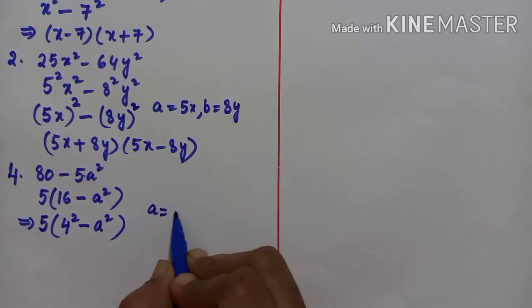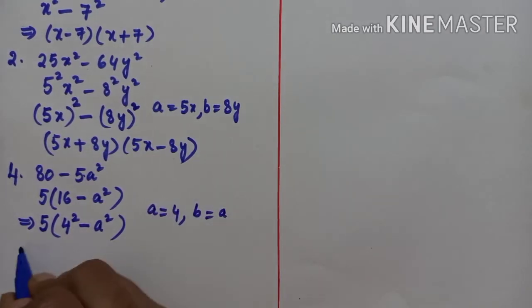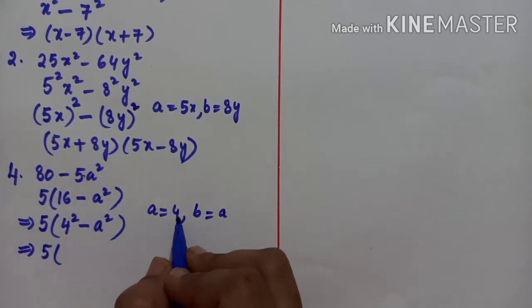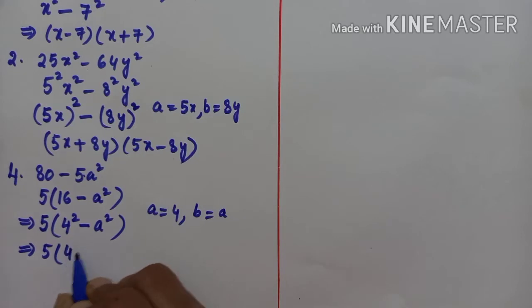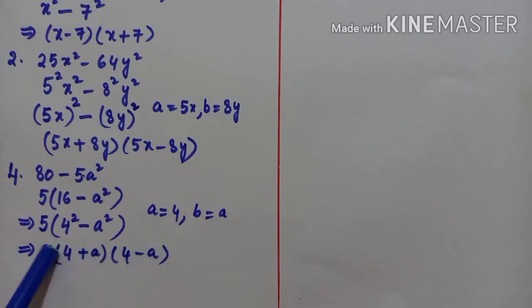Here a is nothing but 4 and b is nothing but a. So 5 as it is, and 4 square minus a square will be (4 plus a)(4 minus a). That's it. You don't need to multiply, you just have to leave it until here. We have expanded it in the form of a square minus b square.